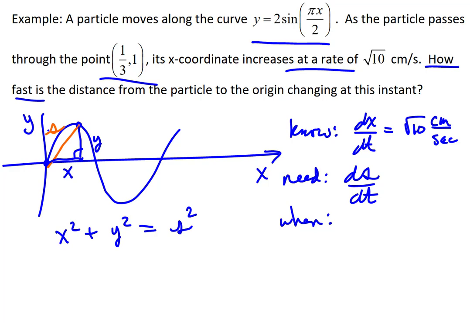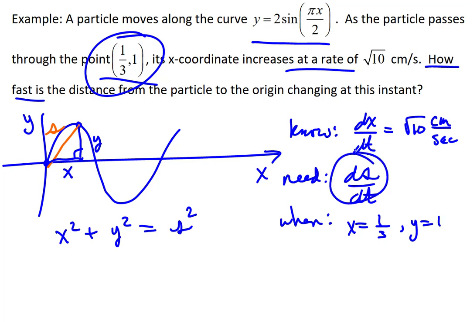So that's what we need, given that we called it s. And then we need it when we're at this point, given as (1/3, 1). So that means x is 1/3 and y is 1. When we're actually passing through the point, that's when we need this. So we can use those values for x and y.